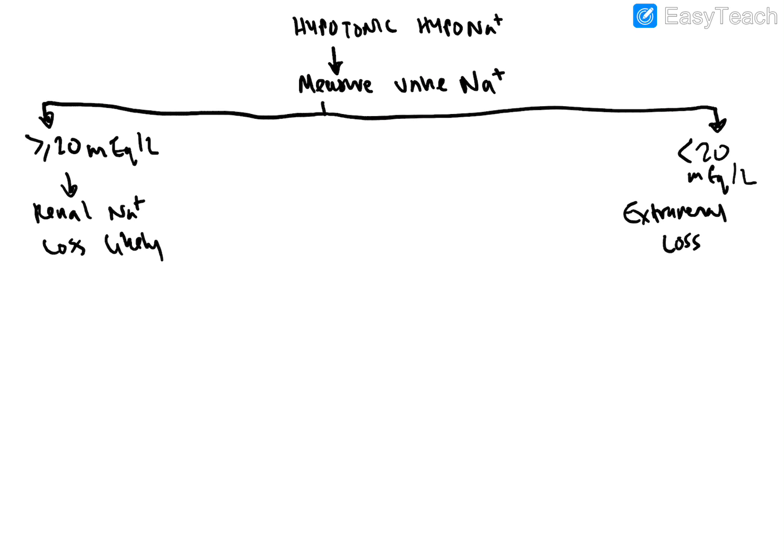Now, in each of these your next step in evaluation would be to monitor the volume status. Okay? So a patient can be hypovolemic, euvolemic, or hypervolemic. So this is basically their volume in their body.